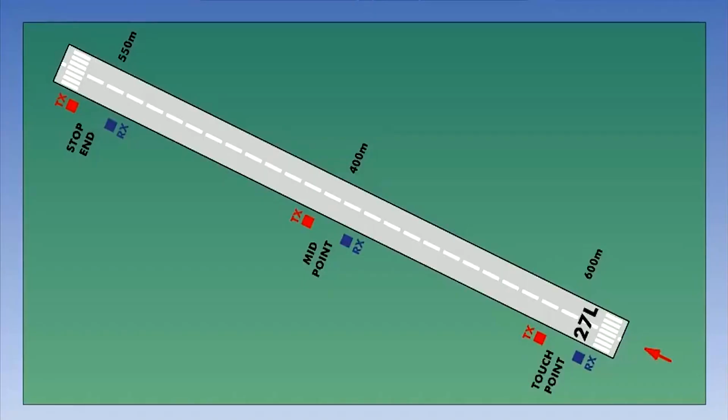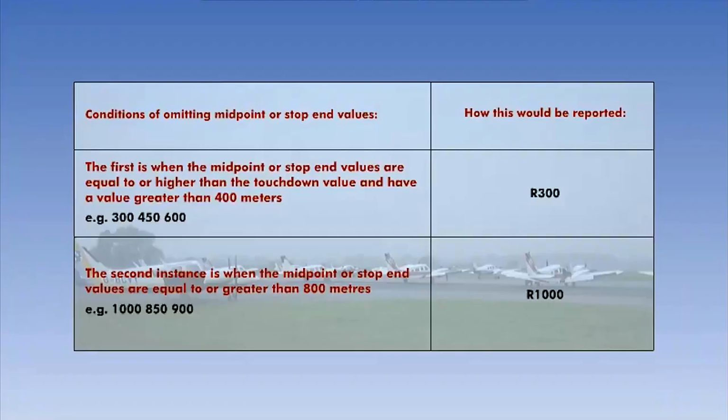Midpoint or stop end values are omitted in two instances. The first is when the midpoint or stop end values are equal to or higher than the touchdown value and have a value greater than 400 meters. For example, readings of 300, 450 and 600 would be reported as R300.